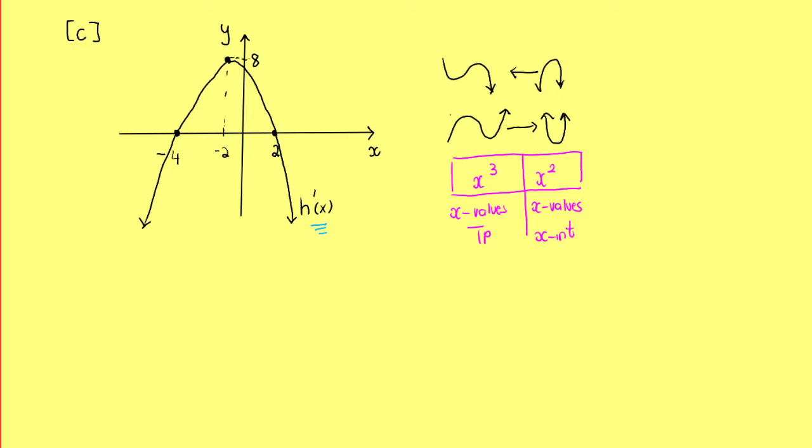Here we are given a frowny face. It means our cubic will be decreasing. Our x-intercepts are here. That means that if we draw a dotted line, the x values of our turning points will be on these vertical dotted lines.